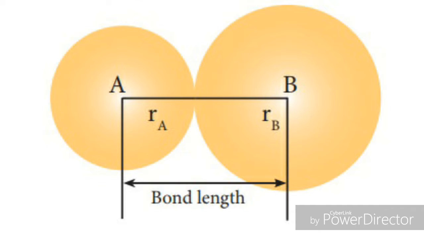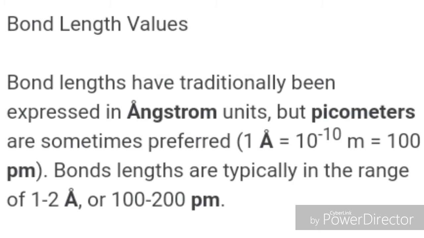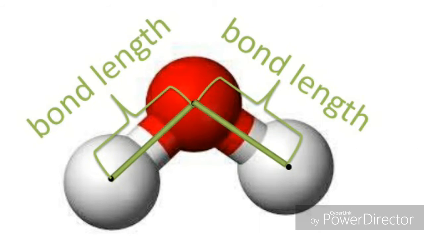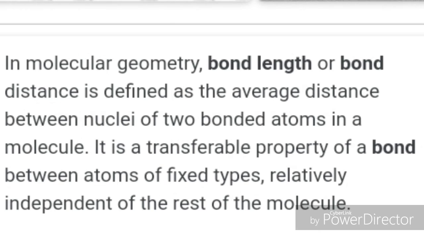In this diagram, you can see the representation of bond length between two atoms. 1 nanometer is equal to 10 to the power minus 9 meters. In molecular geometry, bond length or bond distance is defined as the average distance between nuclei of two bonded atoms in a molecule. So this is the definition of bond distance or bond length.